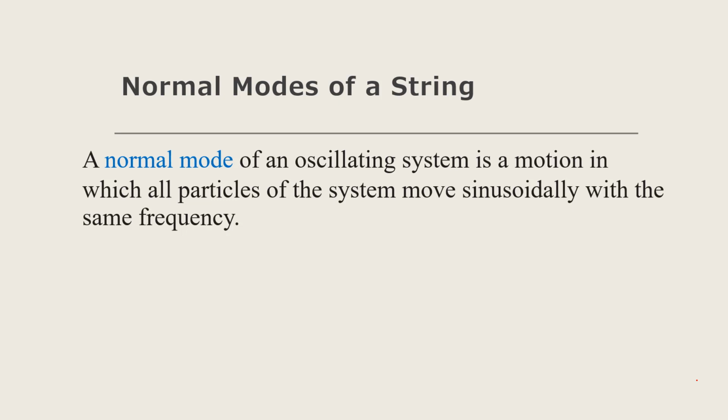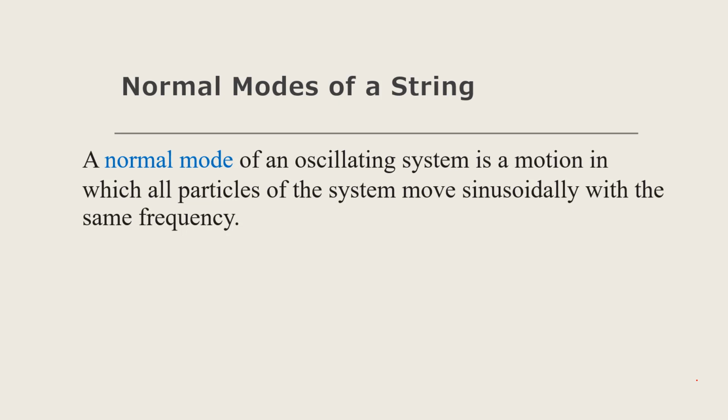Now let us proceed to the normal modes of a string. When there are two boundary points or surfaces, such as that of a guitar string, we get repeated reflections. In such a situation, we find that sinusoidal waves can occur only for certain special frequencies, which are determined by the properties of the medium. So let us consider a string fixed at both ends.